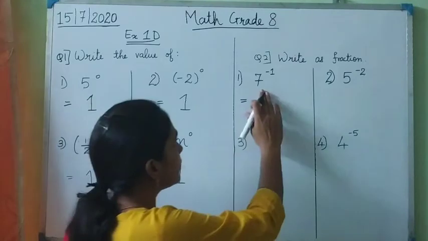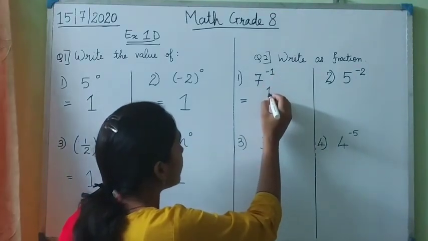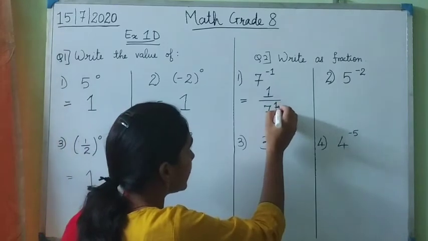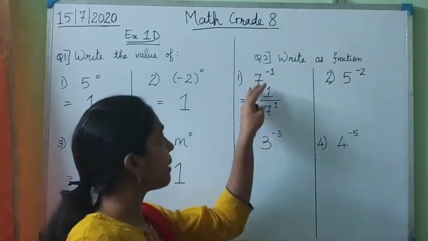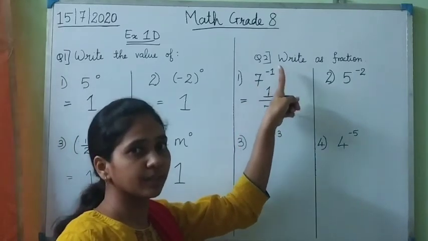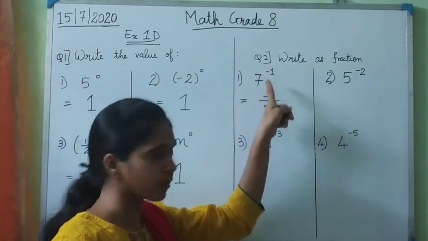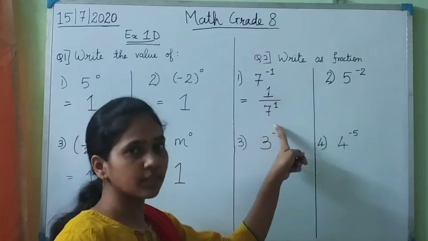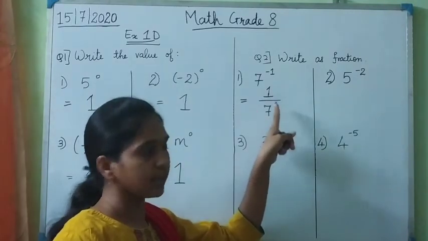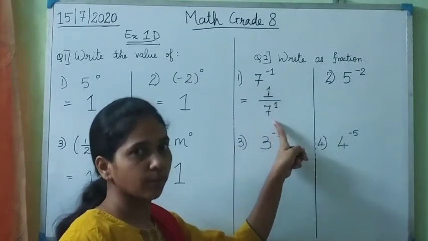So here if it is 7 raised to -1, we write 1 upon 7 raised to 1. Okay, here the power of 7 remains the same, only the sign changes, and the number goes in the denominator.